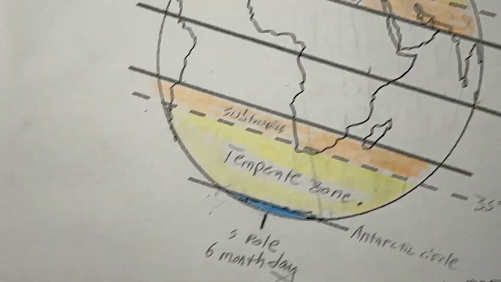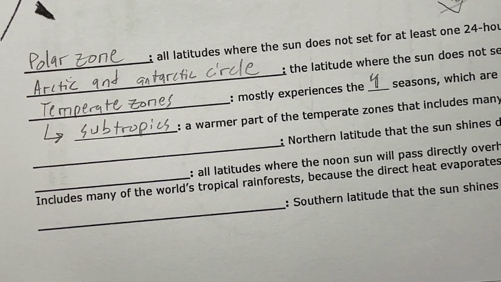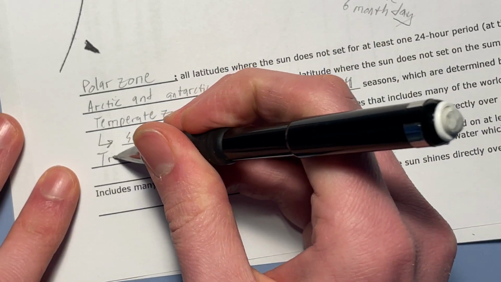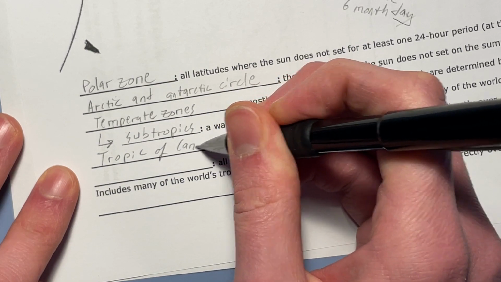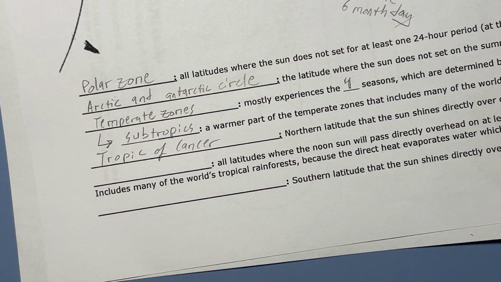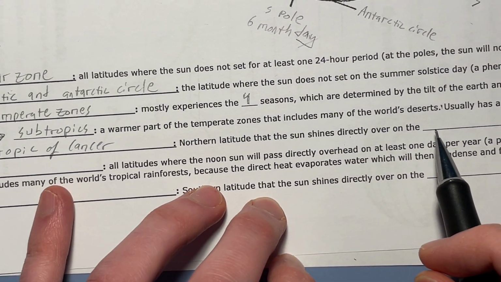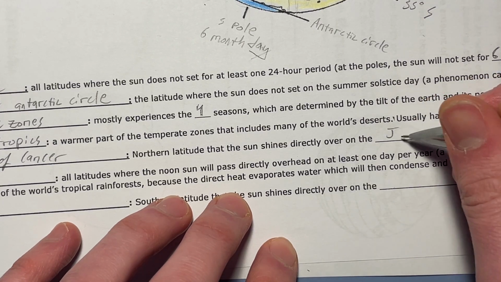Now, we need to talk about these tropics again because we kind of went over it a little bit in the previous diagram, but the Tropic of Cancer is the northern latitude that the sun shines directly over on the June solstice.